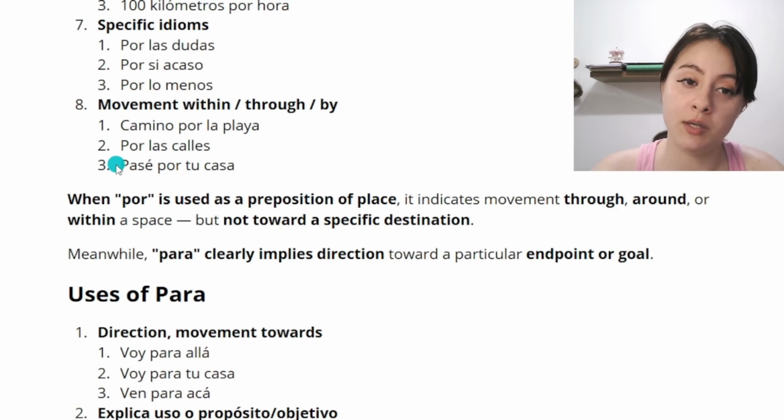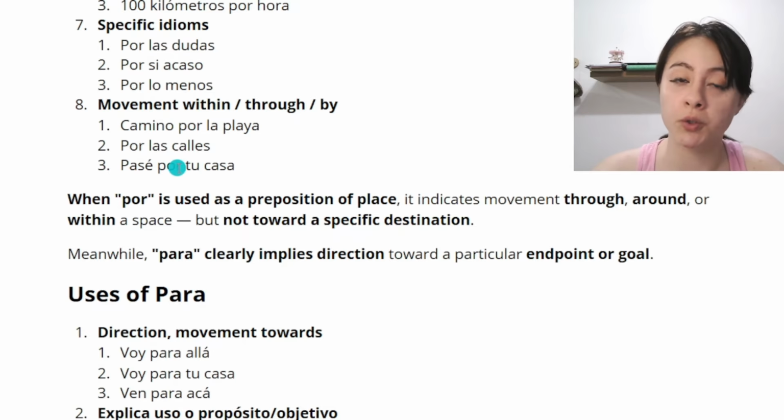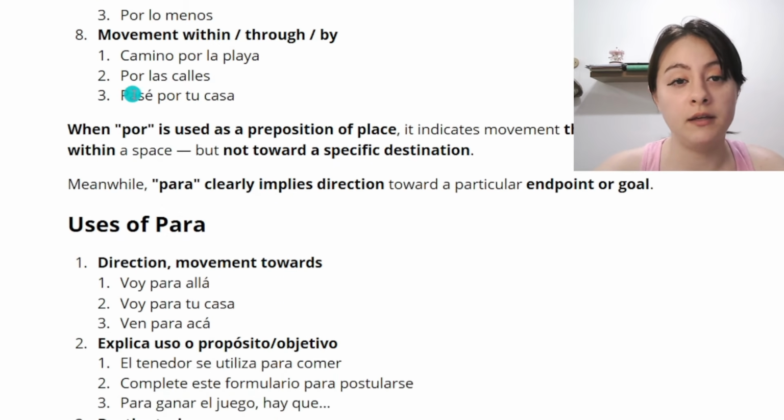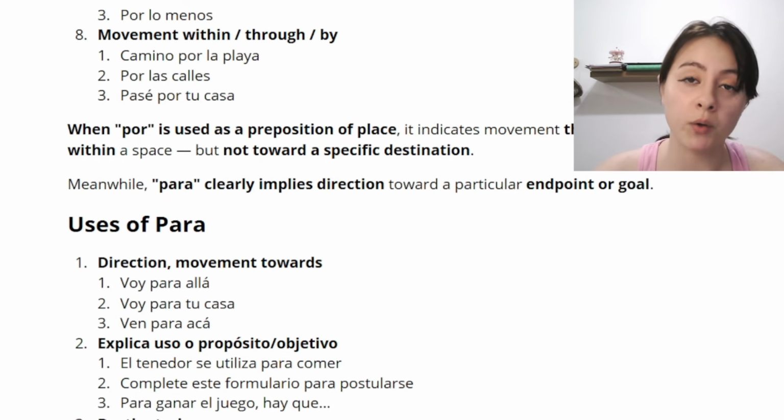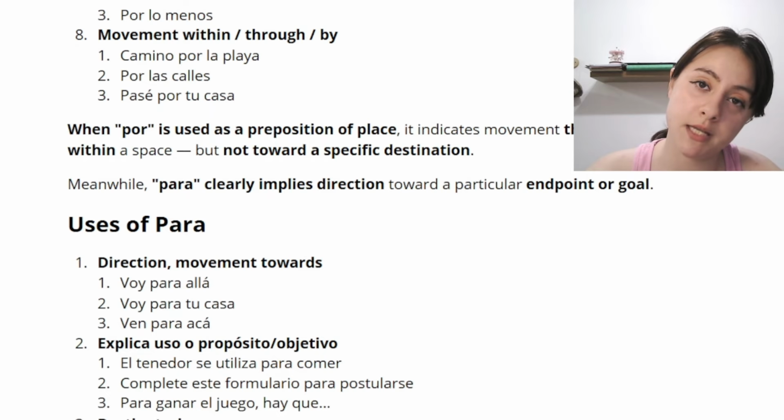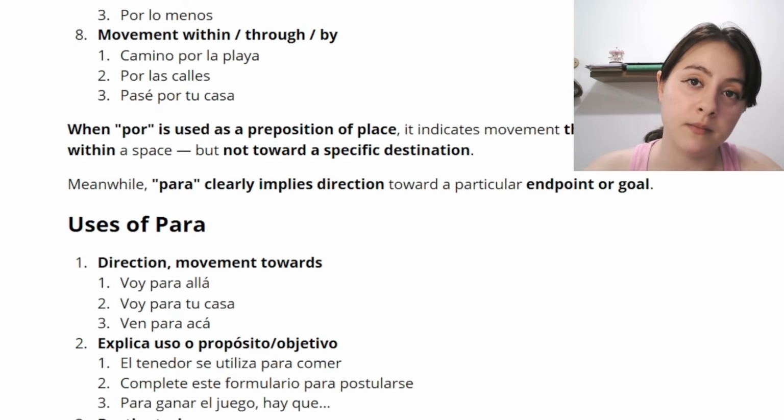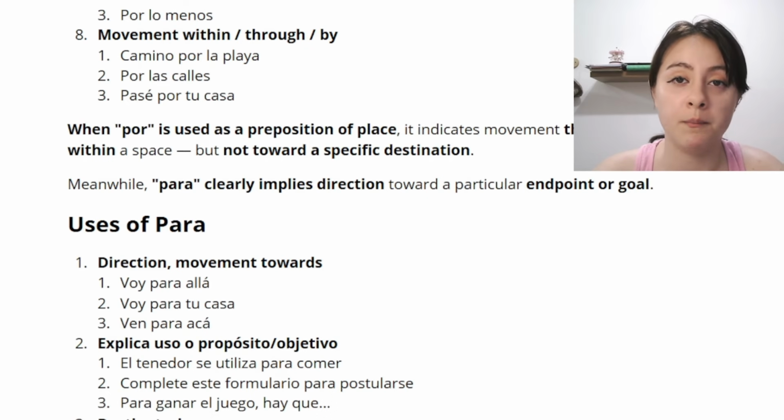There's another use of por for movement. And you could say, pasé por, I pass by or stop by a certain place. Pasé por tu casa. That means I pass by or stop by your house. Okay, it doesn't necessarily mean you stop.